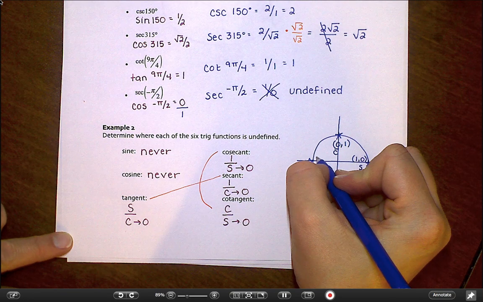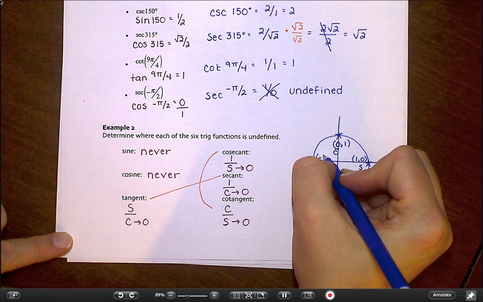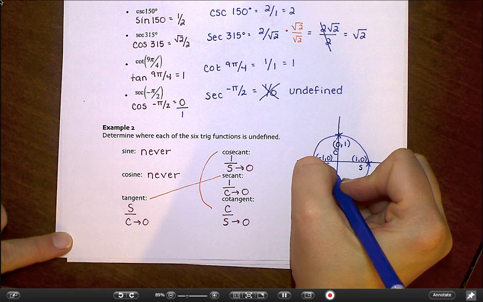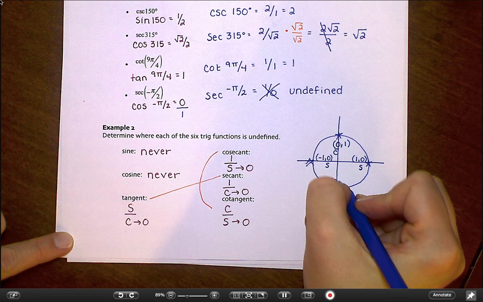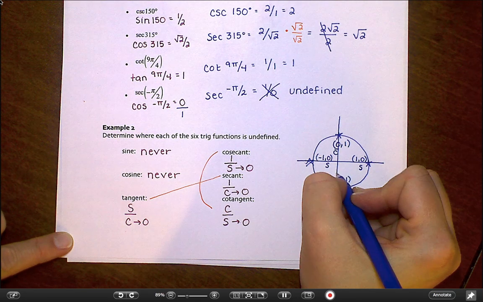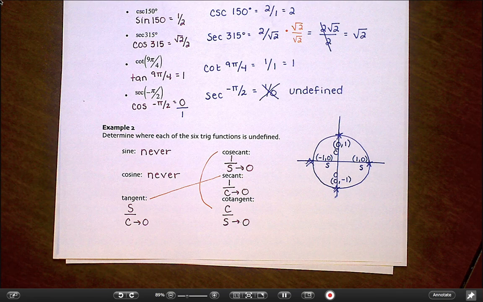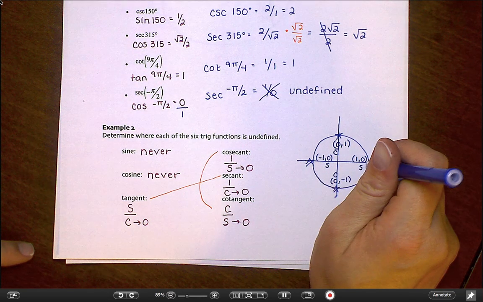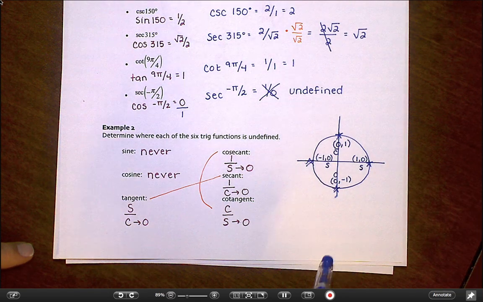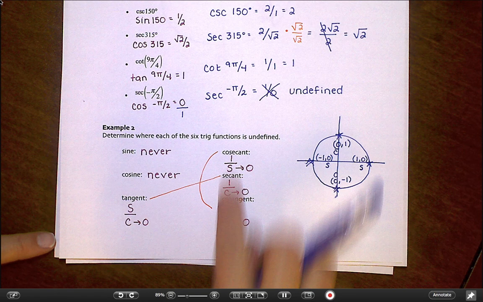I made my circle a little too small here, but this is -1, 0. So this is another place where sine is 0. And then this is 0, -1. So this is another place where the cosine is equal to 0. Okay. So cosine is equal to 0 top and bottom. Sine is equal to 0 left and right. Okay. That corresponds with these values.